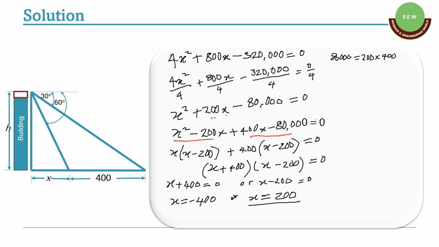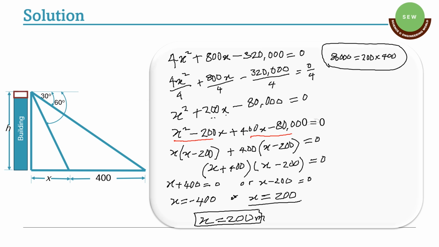So we can now say that our x equals to 200, that is the distance from the second observation to the building is 200 meters. Okay, so we now put that in.